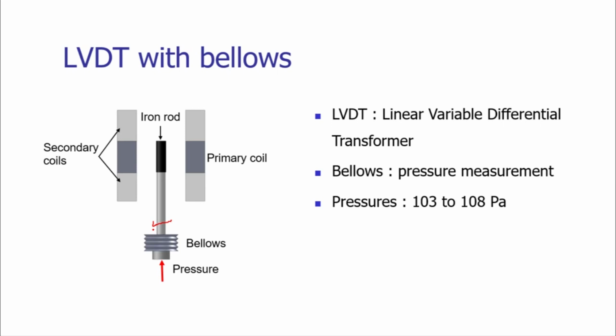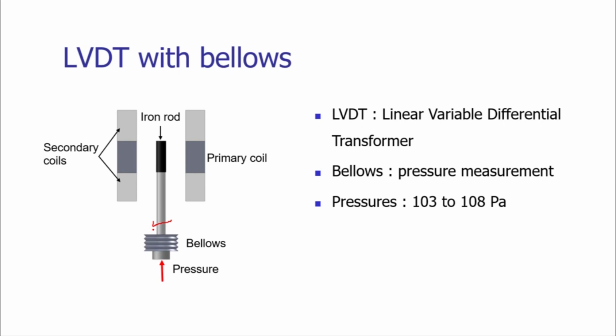As the iron rod is displacing, there is generation of EMF across the secondary coils, and the EMF generated across the secondary coils is proportional to the displacement of the rod, and displacement of the rod is proportional to the pressure.